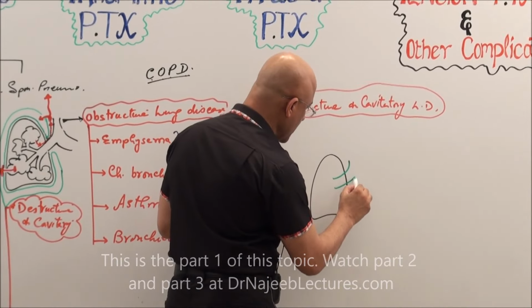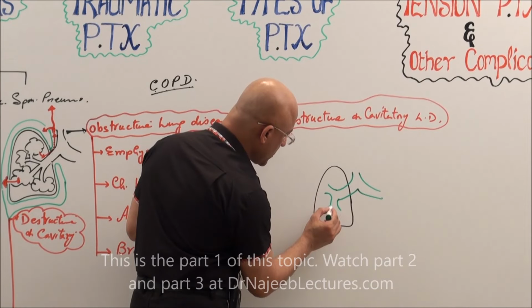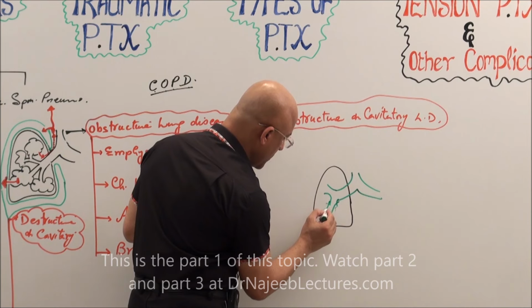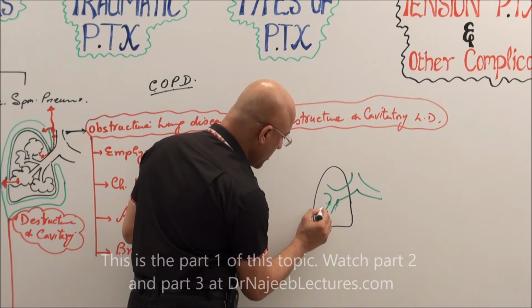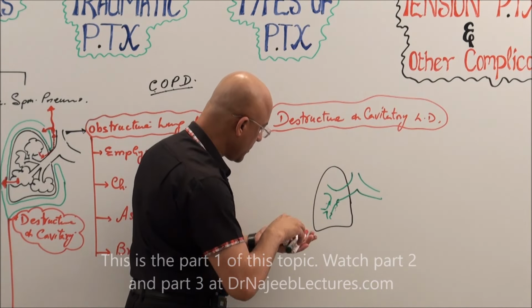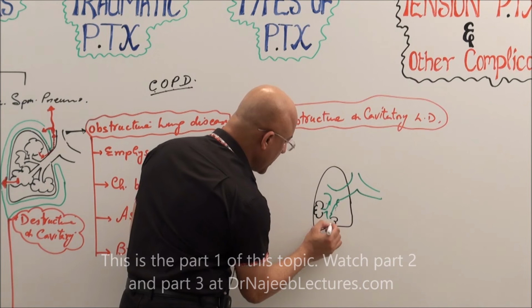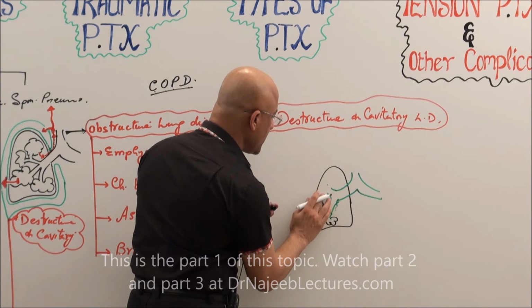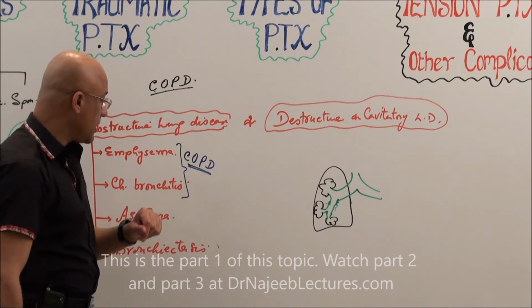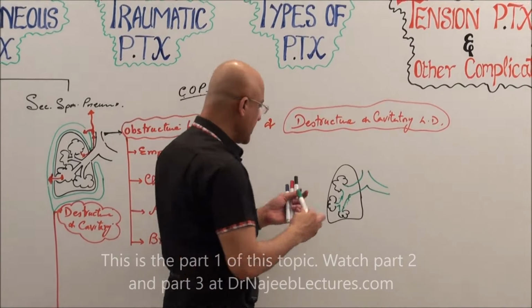This is, suppose, the airway. These are your distal air spaces. In the same way here we can put also air spaces. Now, if there is a destructive lesion, for example a lung abscess, and what is here?